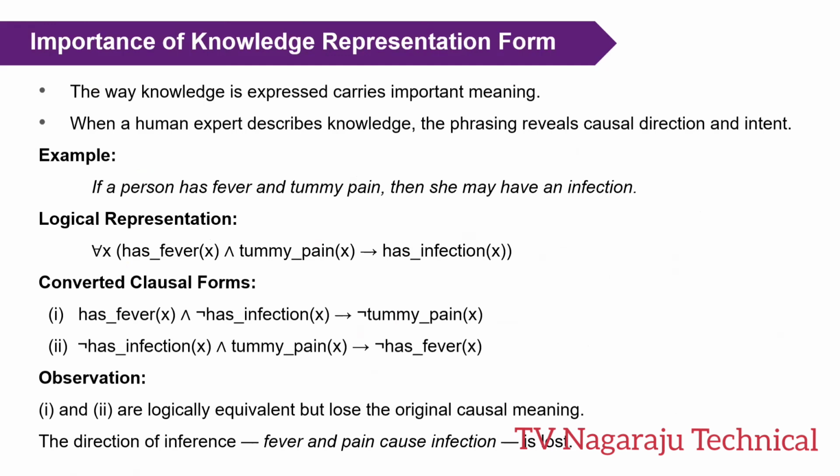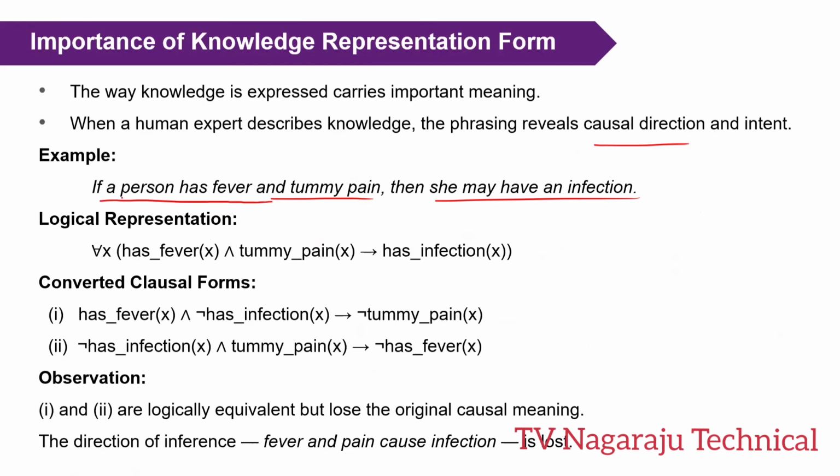Okay. Now finally, what is the importance of representing knowledge in rule form? If you represent knowledge in rule form, it is very easy to understand, and a human expert can describe the knowledge, so it is very easy to move in the direction. For example, if a person has a fever and tummy pain, then she may have an infection.